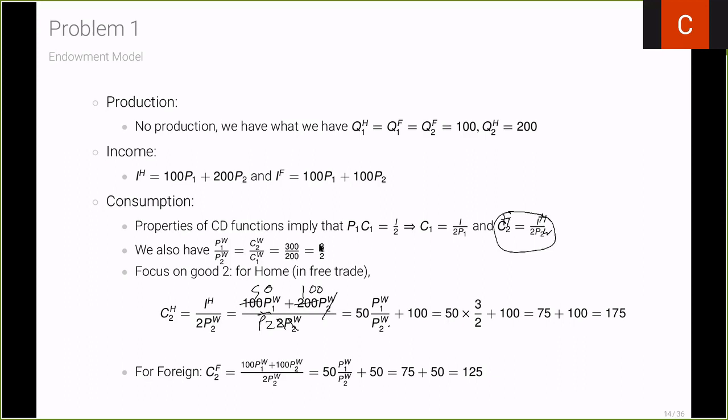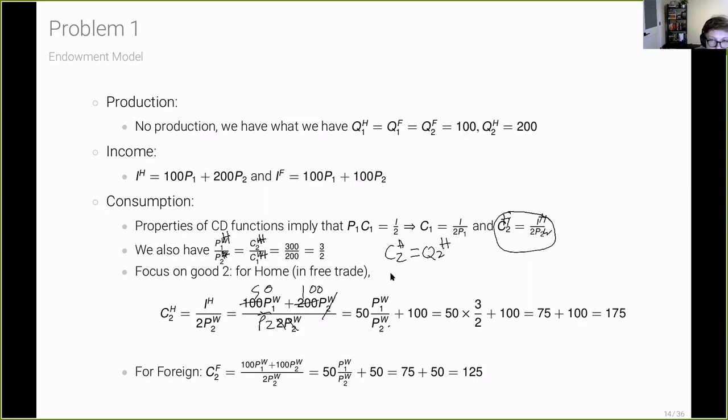No, that makes sense. I was just going to quickly ask, if that was in autarky, would we be using the price at home? Exactly. No, exactly. So you'd be using the price at home. In this case, if we wanted the price at home instead, we would just need to figure out what this would be. But when we're in autarky, we can only consume exactly what we're endowed with.